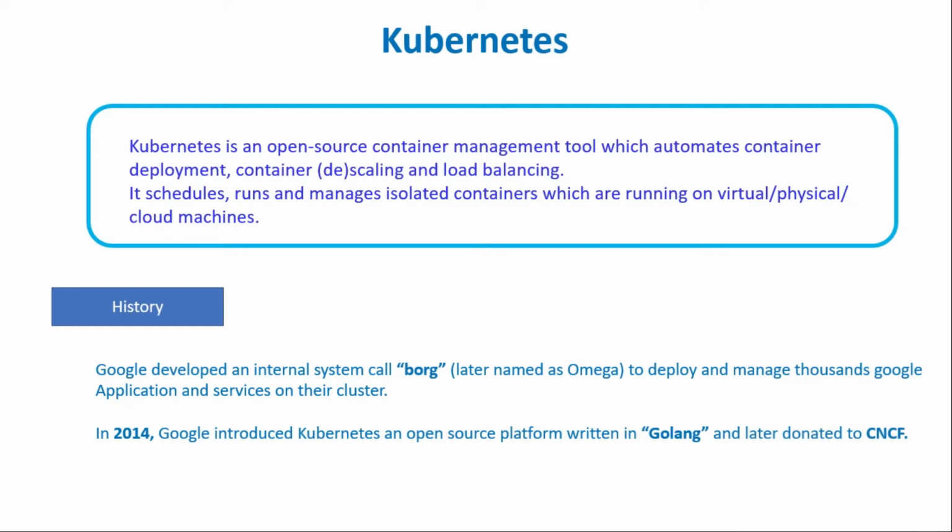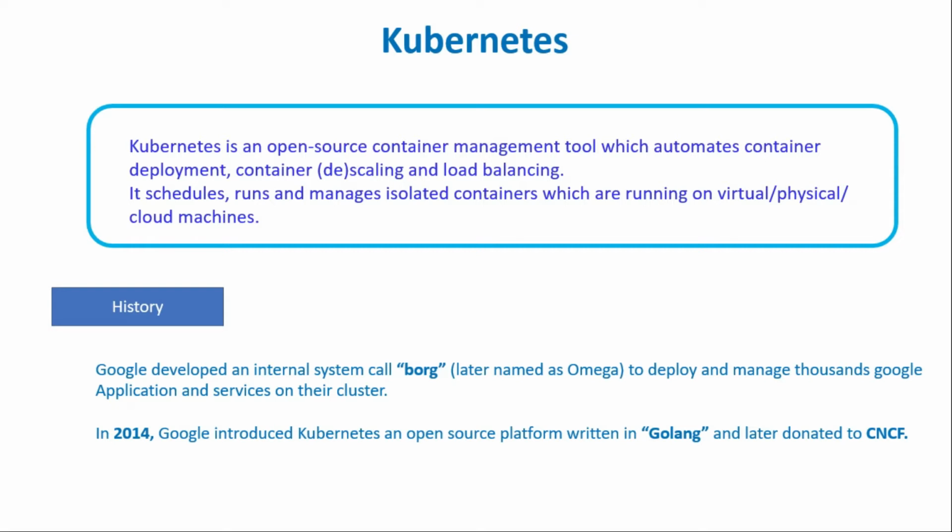Docker Swarm is an inbuilt tool developed by Docker. But Kubernetes is a third party tool which supports Docker or Rocket containers as well. If you have any other container platform, you can use it with Kubernetes.